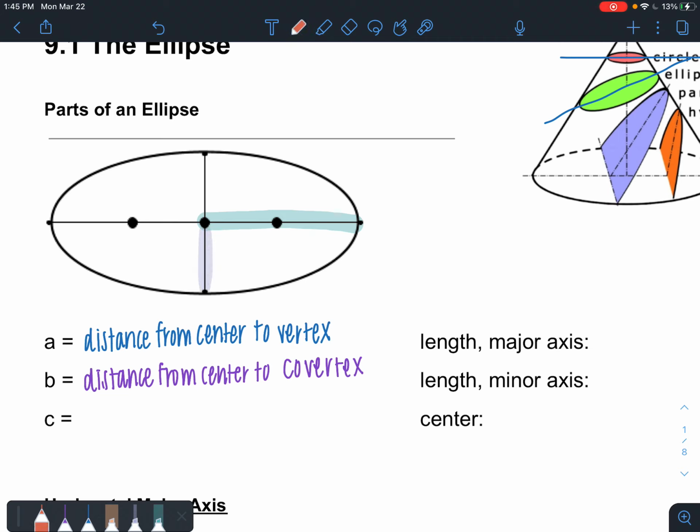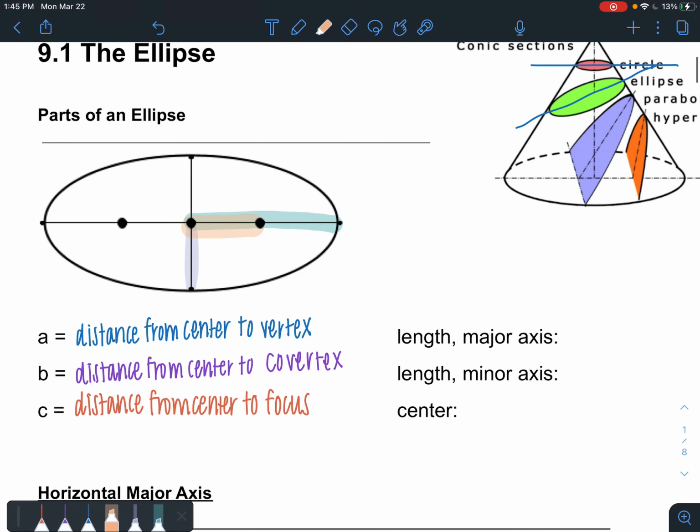And then C in the orange is the distance from the center to the focus. So that is going to be this distance right here. And so there's a little bit of overlap there.